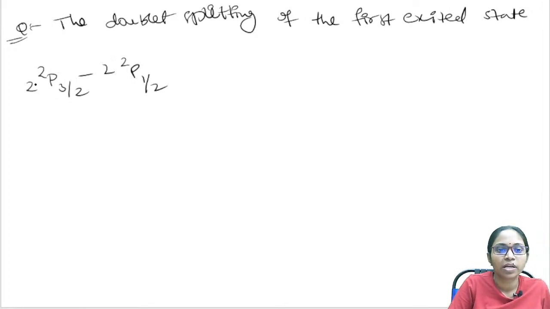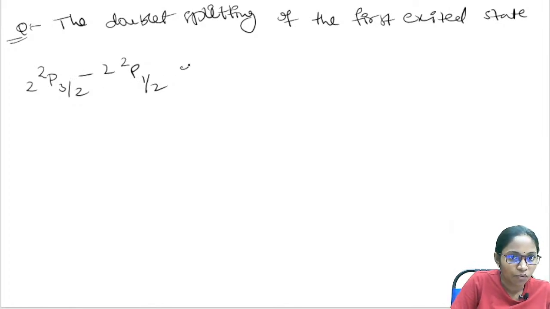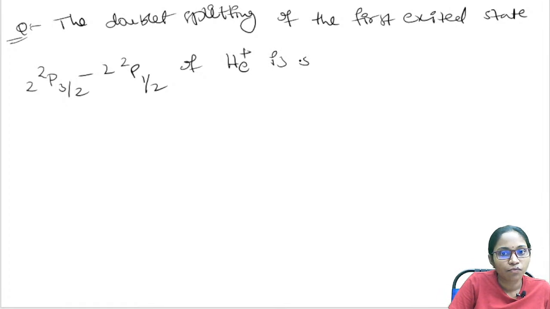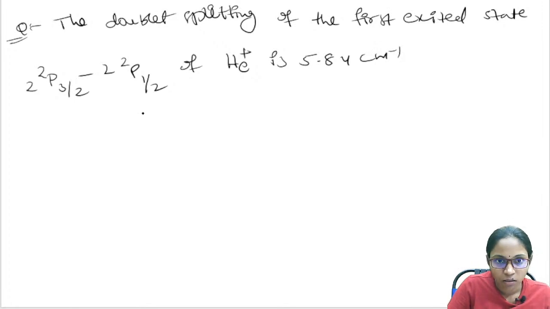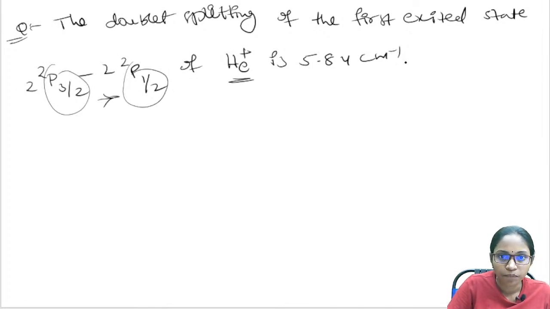Here the electron transition is taking place from p3/2 to p1/2 state of helium plus, and the value is 5.84 per centimeter. So in our question, splitting takes place whenever the electron transition takes place from p3/2 to p1/2, and this is the term value for helium plus atom, 5.84 per centimeter.